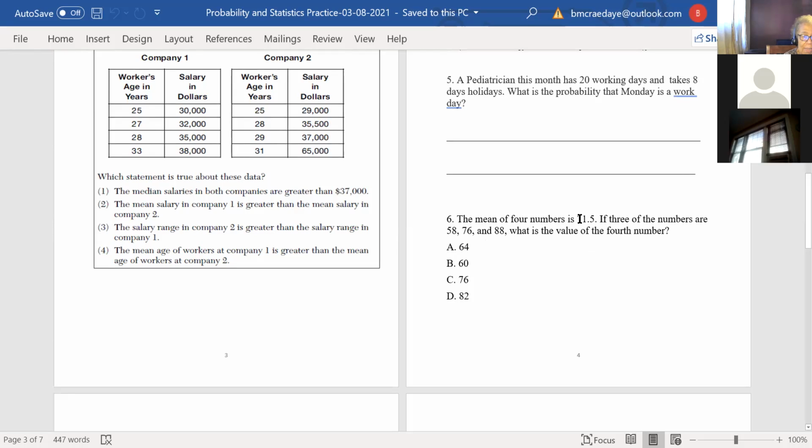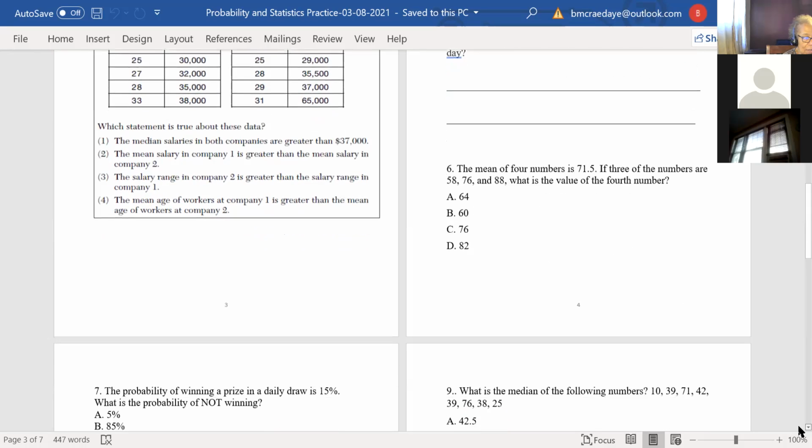If the mean is this number, that means you took some number and divided by 4 and got 71.5. That number was 4 times 71.5. Got it? Now, once you know that total, you can add up these numbers, subtract from the total you got here, and that will give you your answer. Got it? Okay. All right.